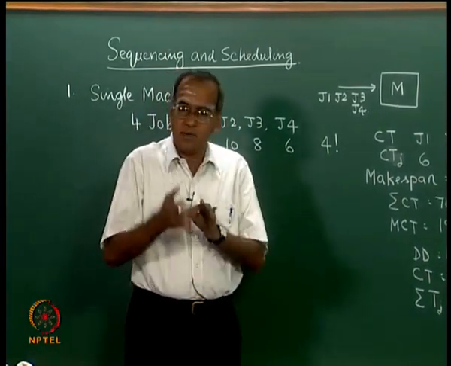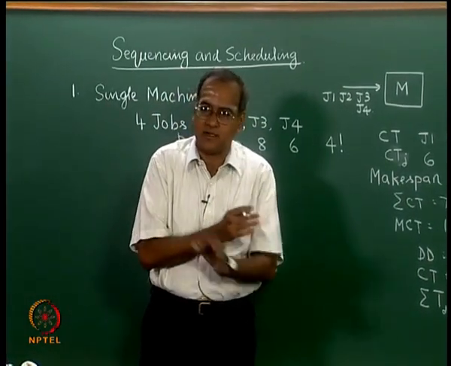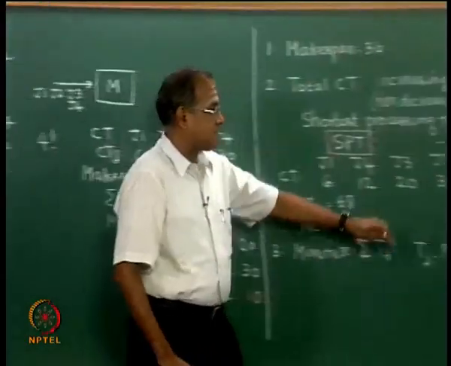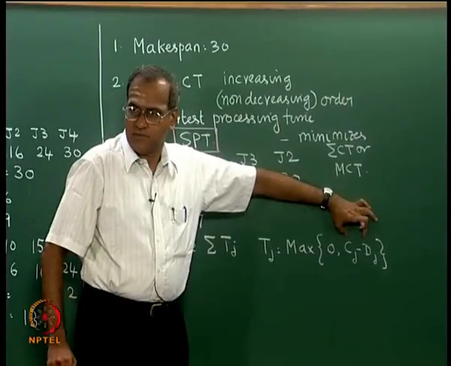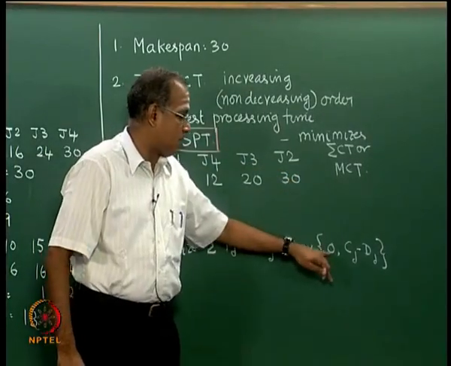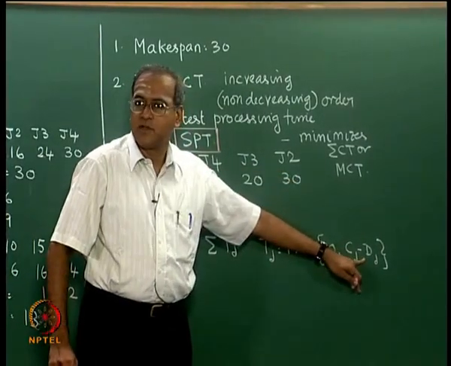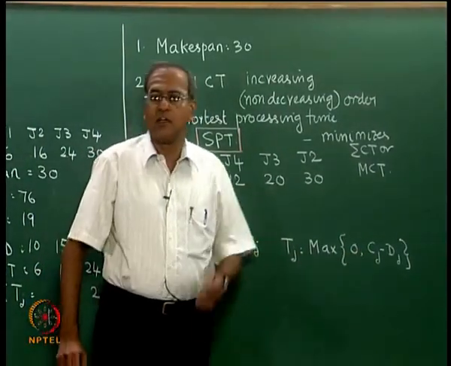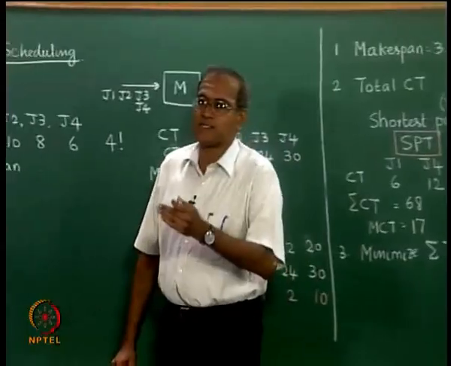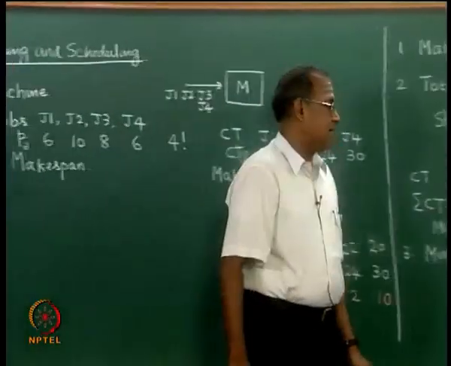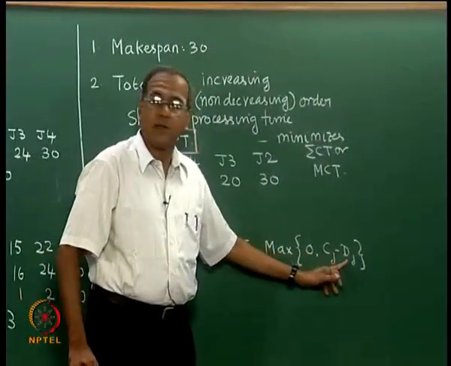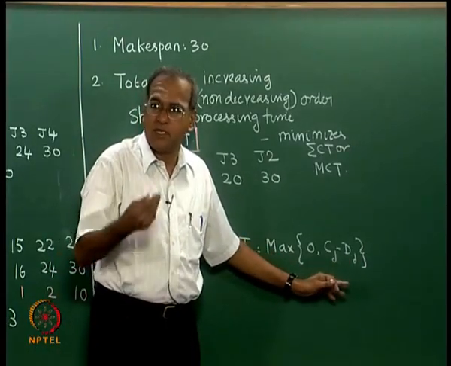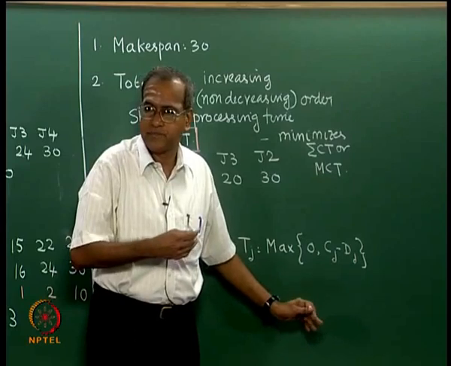Now if the job completes later than the due date, then it is tardy. In such a case, Cj minus Dj will be positive. So maximum of 0, Cj minus Dj will be positive and tardiness will be positive. If on the other hand the job completes ahead of the due date, then Cj minus Dj will be negative, because Cj, the completion time, will be smaller than the due date.